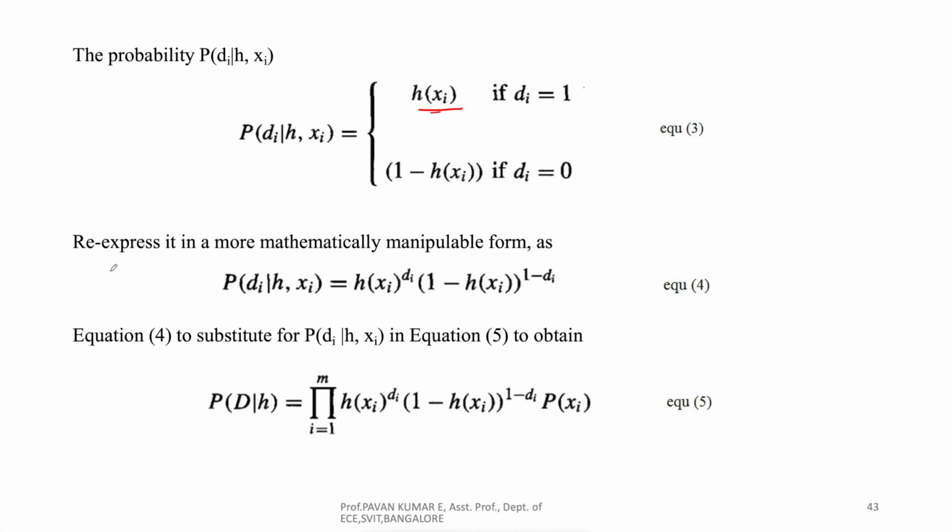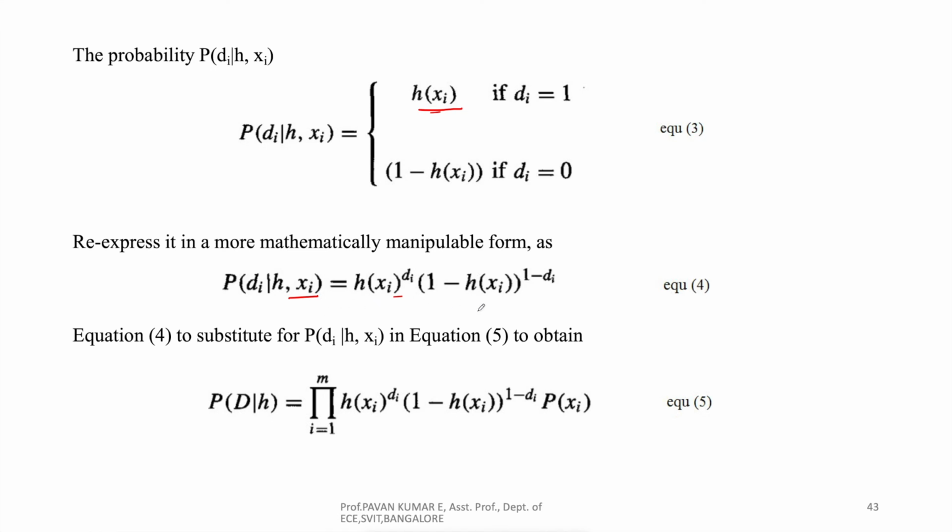Then re-expressing it in a more mathematically manipulated form, I can give the equation as: P of di given xi is equal to h of xi to the power di, times 1 minus h of xi to the power of 1 minus di.